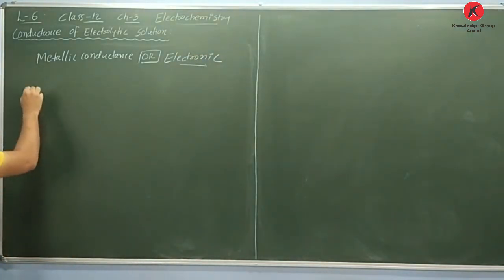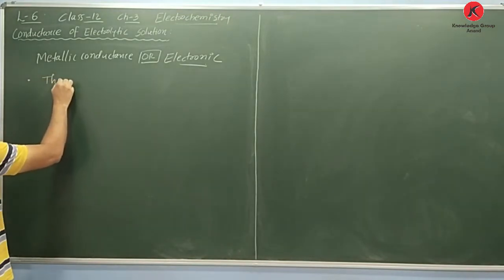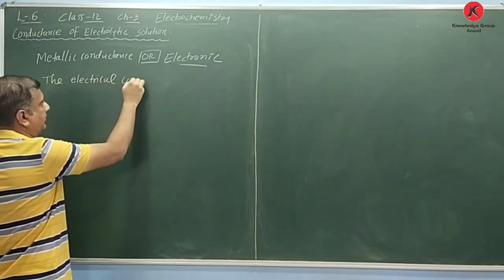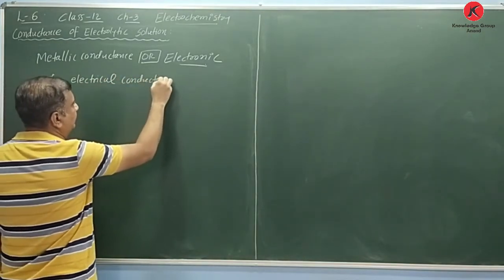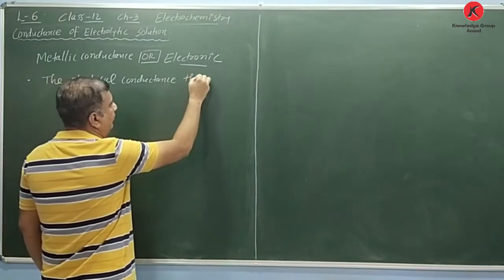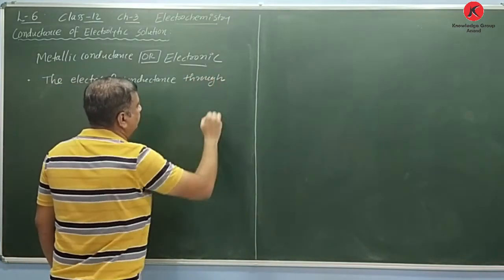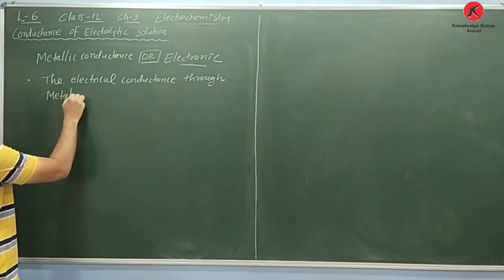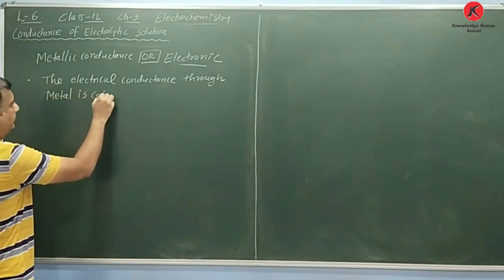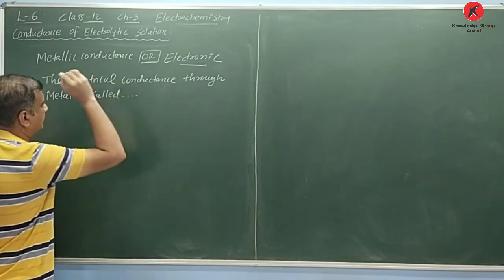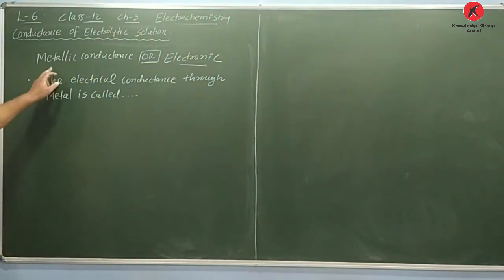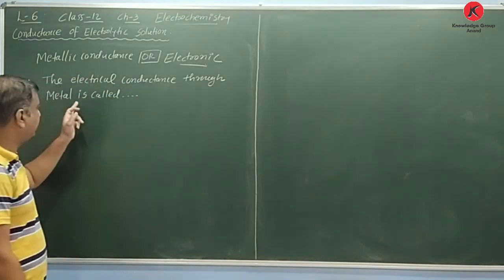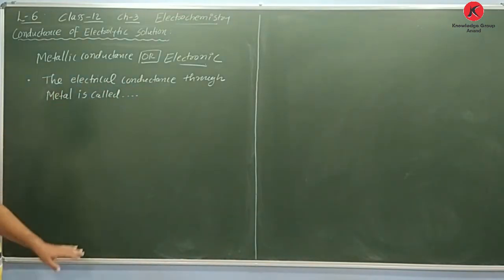The electrical conductance through metal is called metallic conductance.